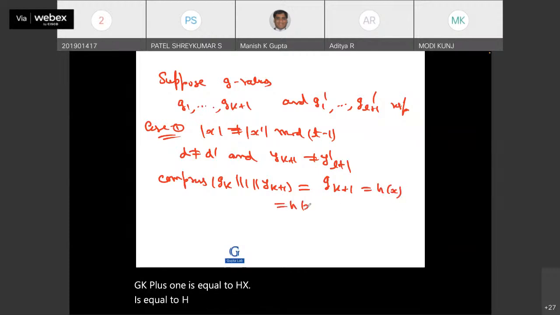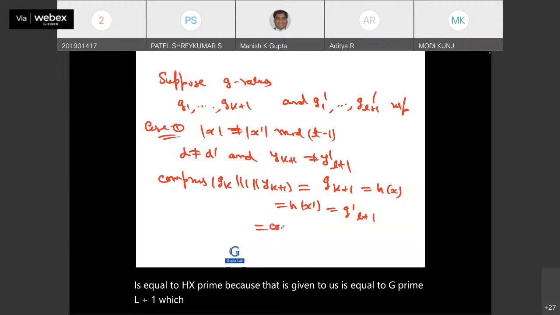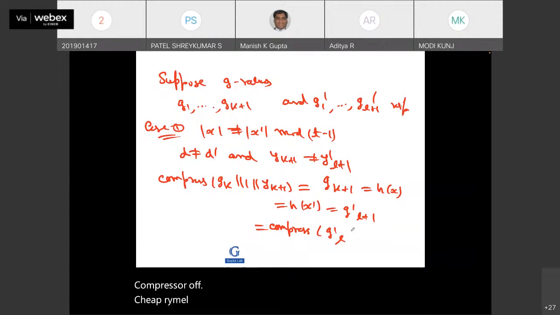which is equal to hx prime because that is given to us, which is equal to g prime (l+1), which is the same thing as, by the algorithm, compress of g prime l concatenated with y prime (l+1). So this means this is a collision for compress.